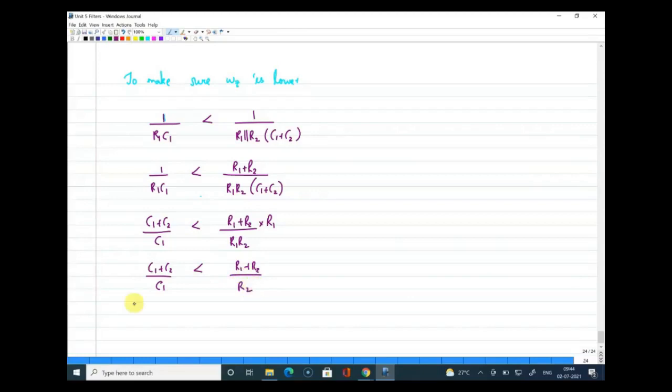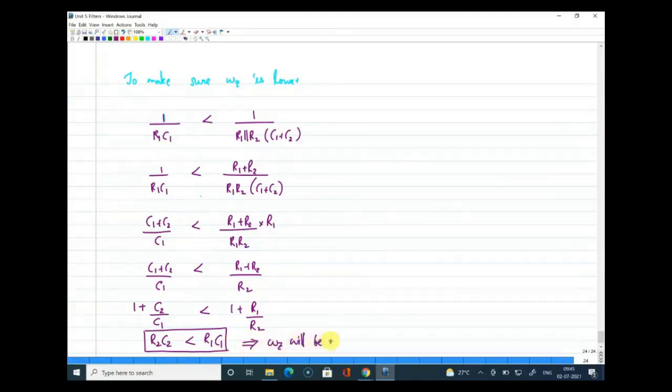Splitting the numerator, I can write it as 1 plus C2 by C1 should be less than 1 plus R1 by R2. Canceling the 1 and cross multiplying, R2 C2 should be less than R1 C1, right? So whenever the product R2 C2 is smaller than R1 C1, omega z will be a lower frequency, and that will always give you a high pass response.